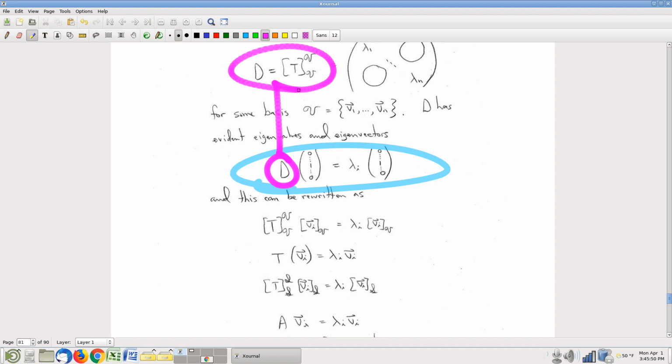Reminder, D is that. This tells me what language I'm speaking. This tells me that this statement I have in blue here is a statement that's happening with respect to the script V basis. So, the fact that this is the script V basis tells me that these numbers, mostly zeros with a single one somewhere, represent coordinates with respect to the script V basis.